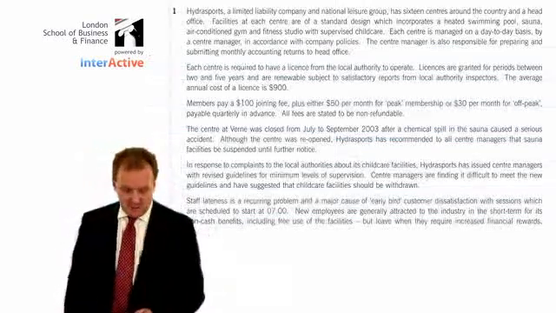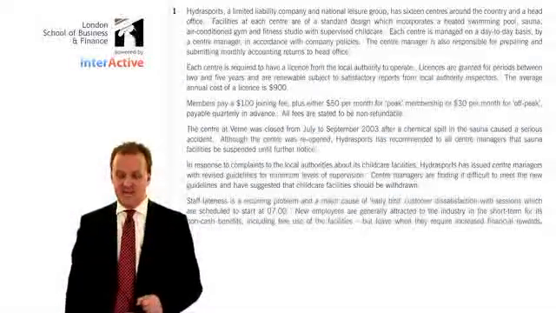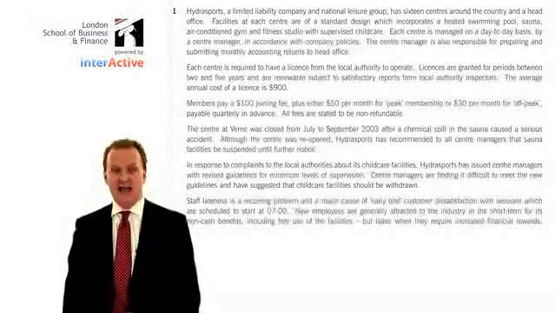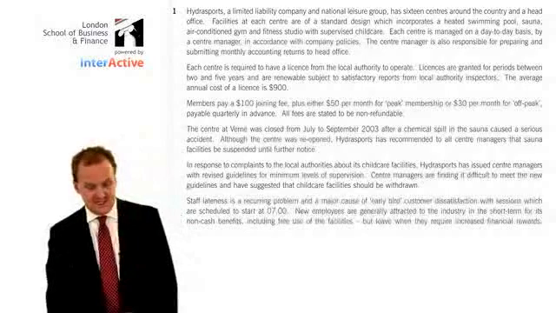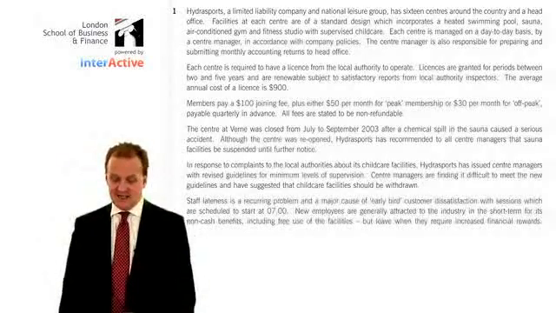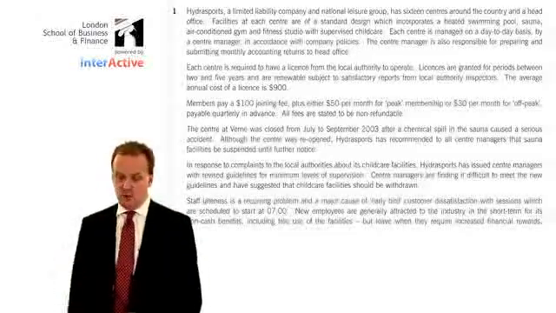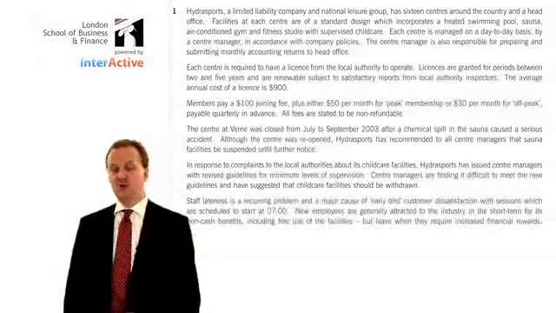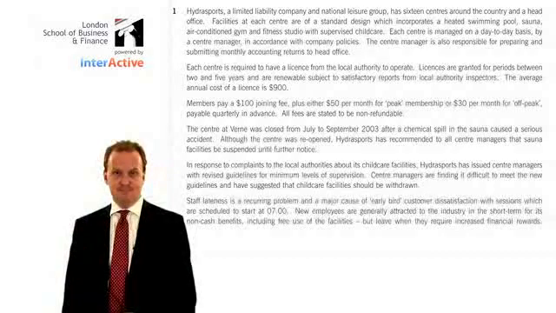Okay then, Hydrosports, a limited liability company and national leisure group, has 16 centres around the country and a head office. Facilities at each centre are of a standard design, incorporating a heated pool, sauna, air-conditioned gym and fitness studio with supervised childcare.